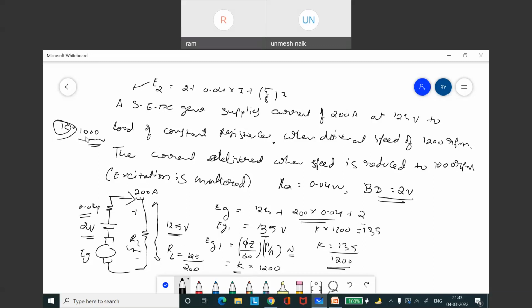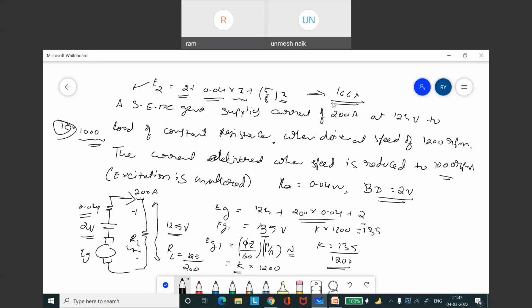So K into 1000 RPM equals brush drop 2 plus 0.04 into the new current, plus I into load resistance, that is 125 by 200, that is 5 by 8, into the new current I. When the machine is running at 1000 RPM, we have to find out the new current. So this is a quadratic equation. Solving this quadratic equation, I get around 66 amps.